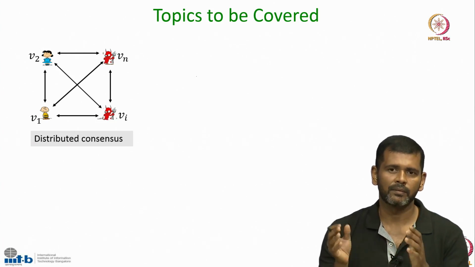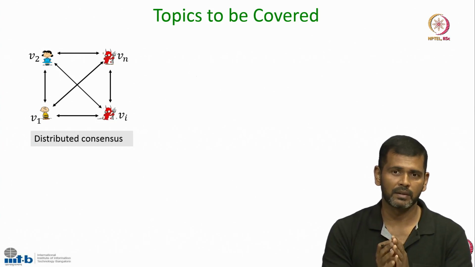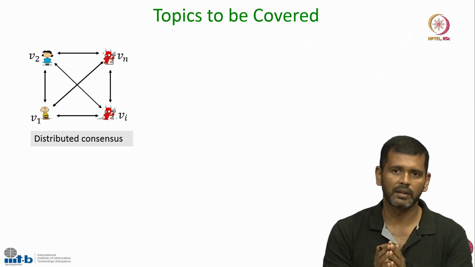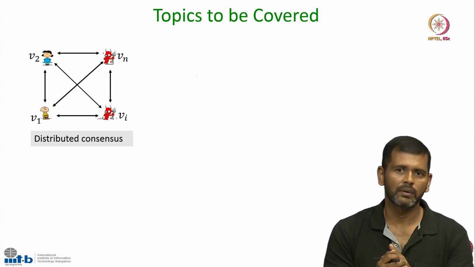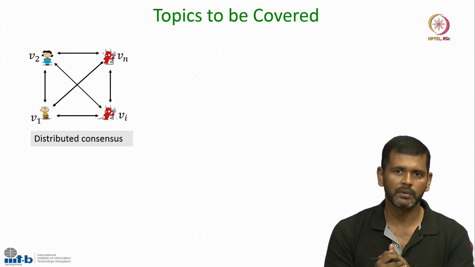That means even if all the uncorrupt parties start with different inputs, at the end of the protocol they should have a common output. So, that is the consensus problem. There are several classical consensus protocols which we will discuss in this course. Consensus is one of the fundamental problems in distributed computing.